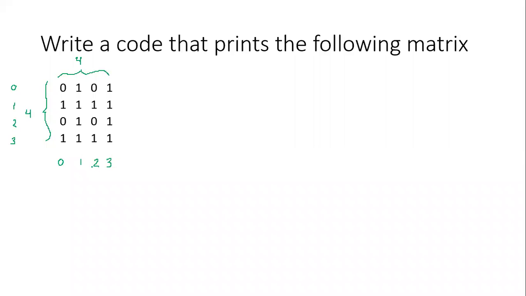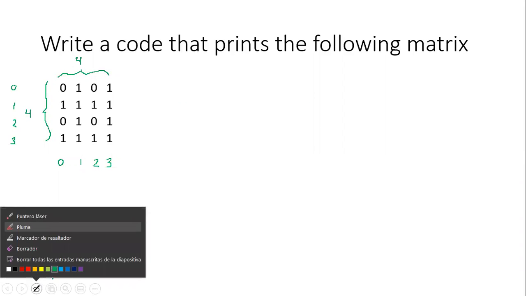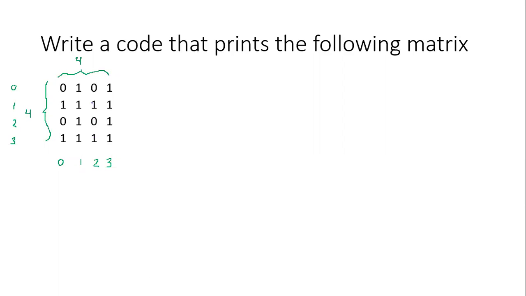Now, what do we notice there? We can easily notice, just by inspection, that these 2 rows, this one and this one, are exactly the same and they just have ones.